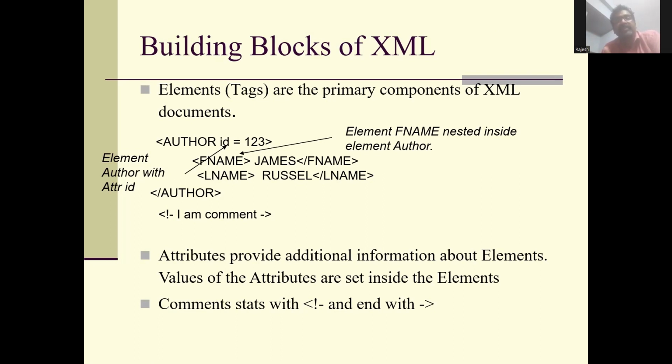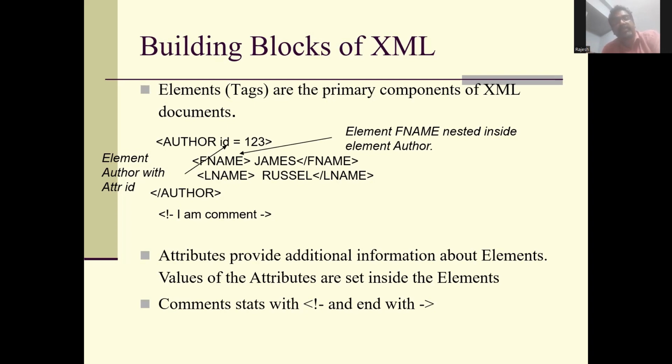The first element is fname. It is an element which has the text node James. For example, if you create a table, we have a field name, and each and every row is an instance of that name field.